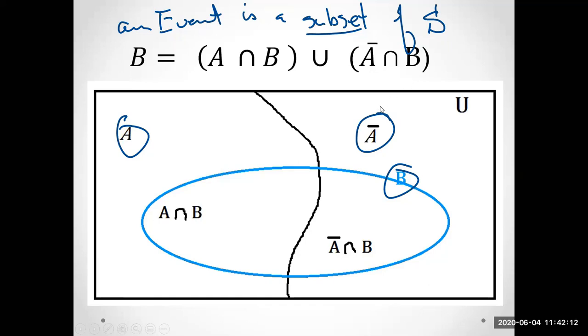Now, by the way, do these two sets have anything in common? Does A intersect B and A bar intersect B have anything in common?